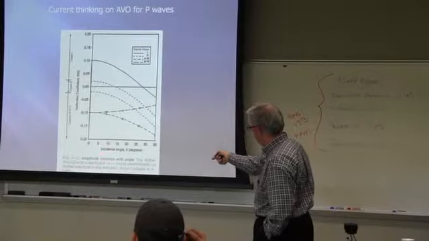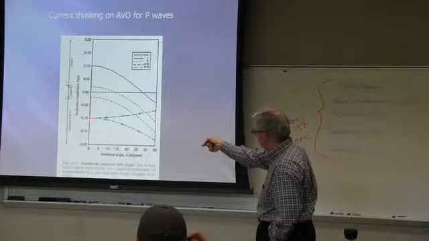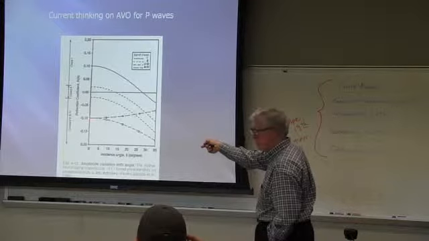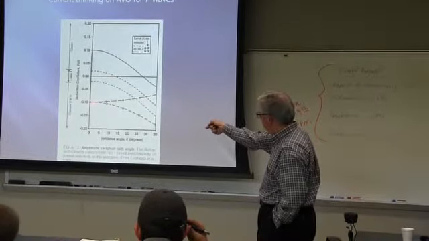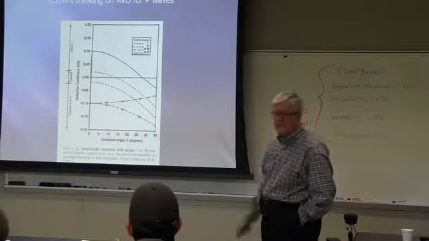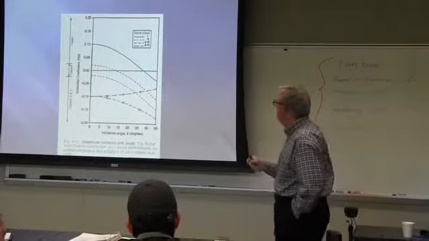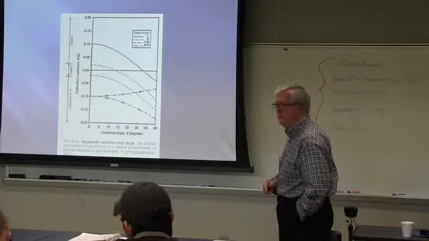In an AVO sense, what you're going to see is a bright spot showing a negative reflection coefficient and pretty bright. And with offset or angle of incidence, that brightness increases. Okay, that's a type 3 amplitude anomaly, Gulf of Mexico.